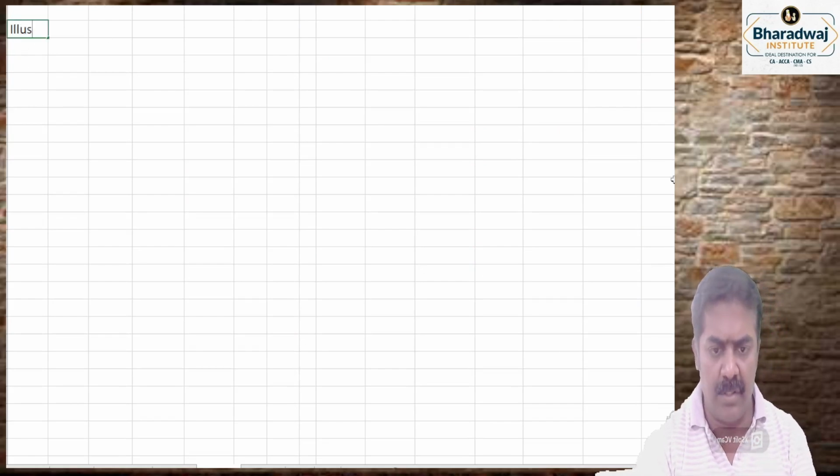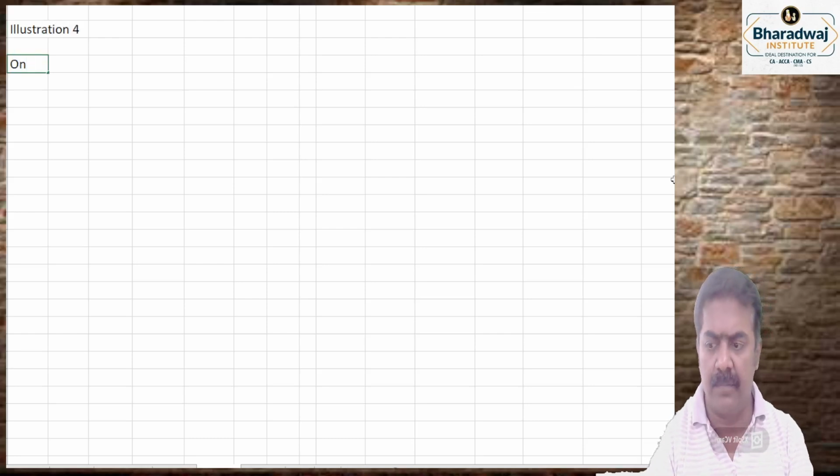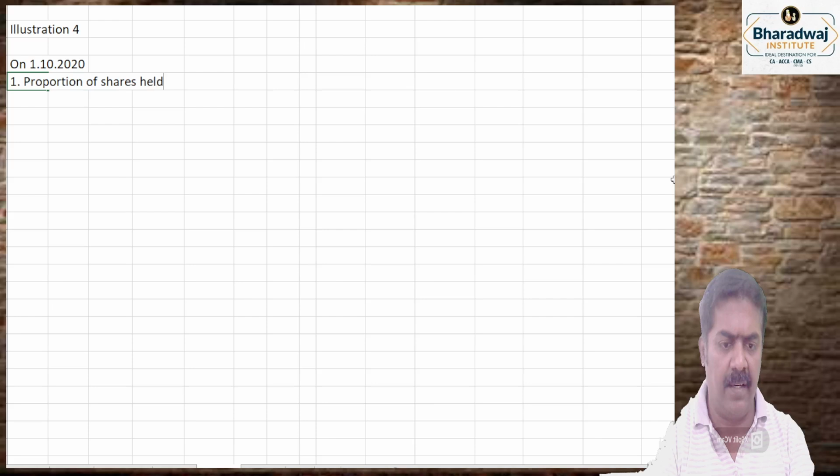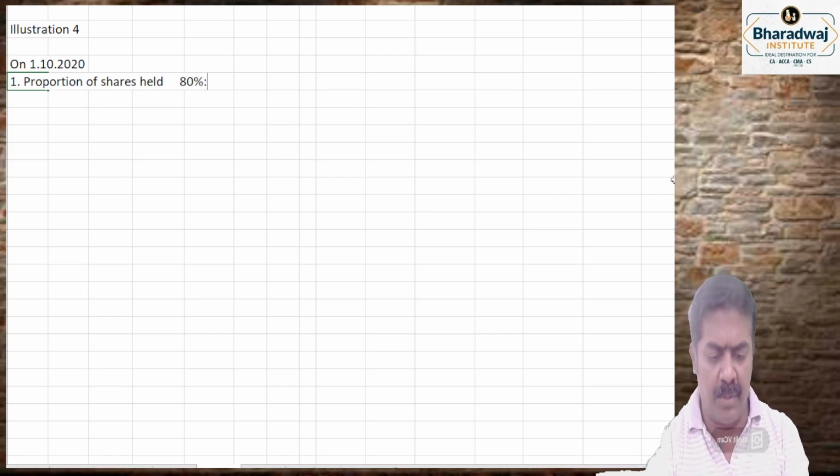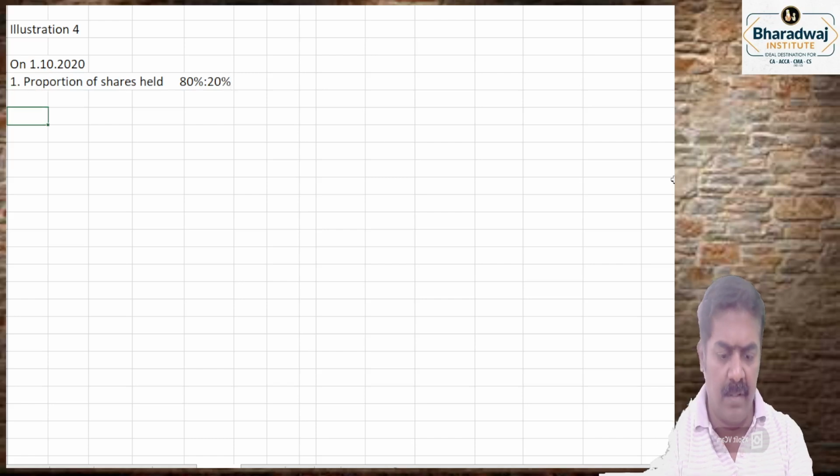This is illustration 4. On what date are we going to do this? 1/10/2020. Number 1: proportion of shares held. What is the proportion we are holding? 80% to 20%. Step 2: fair value of net assets of AS Limited.